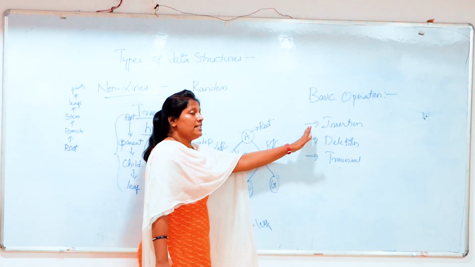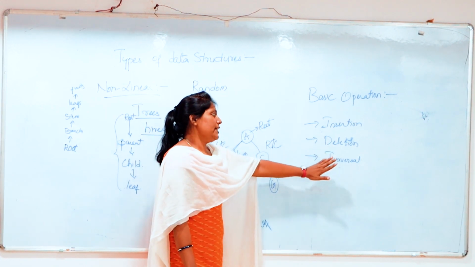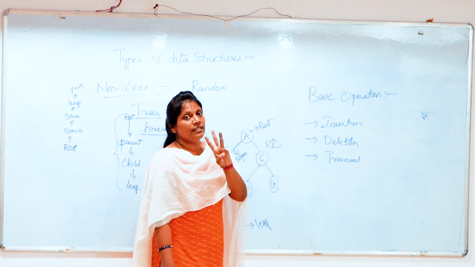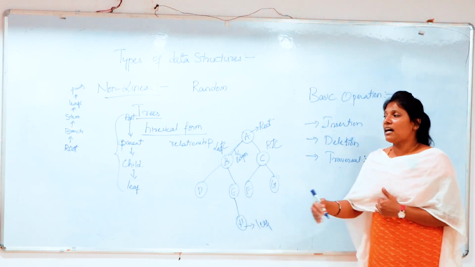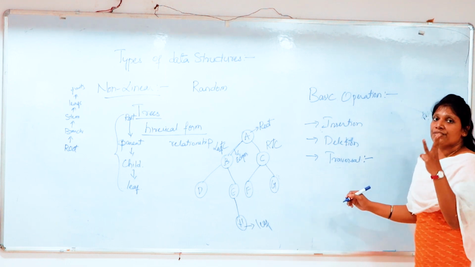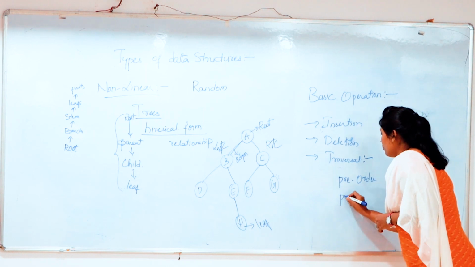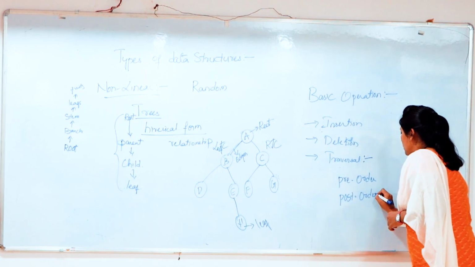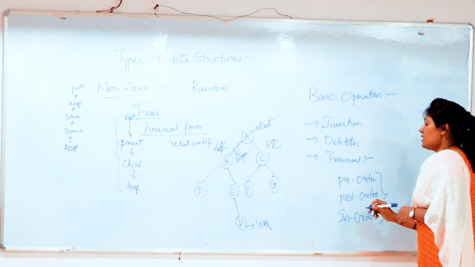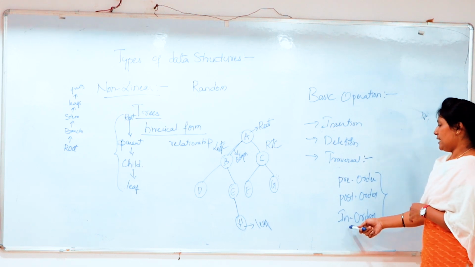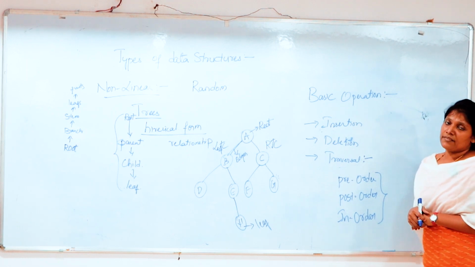Insertion is inserting a node into our tree, and deletion is deleting a node from our tree. Traversal is the way of traversing our tree, and this will be done in 3 different ways: pre-order, post-order, and in-order.